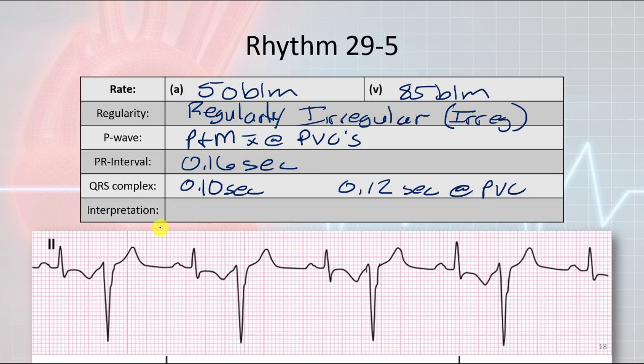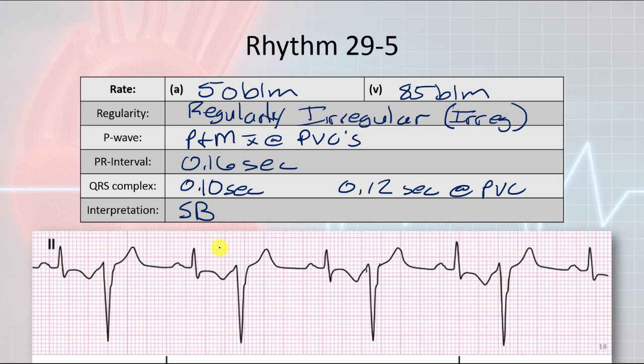My underlying rhythm, is it going to be a sinus rhythm or a sinus bradycardia? I would like to call this underlying rhythm a sinus rhythm, but I don't know if it's truly over 60 or not. I would have to try to march out and find P waves. But if you put on here a sinus brady because your heart rate is less than 60 beats a minute, I would be okay with that.